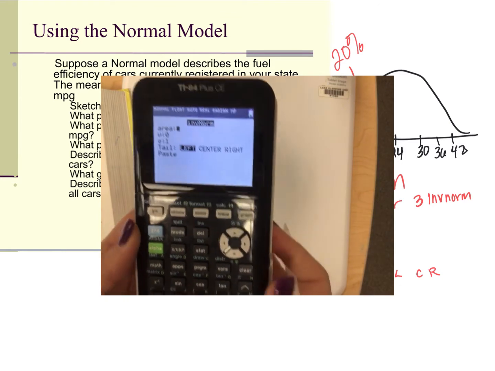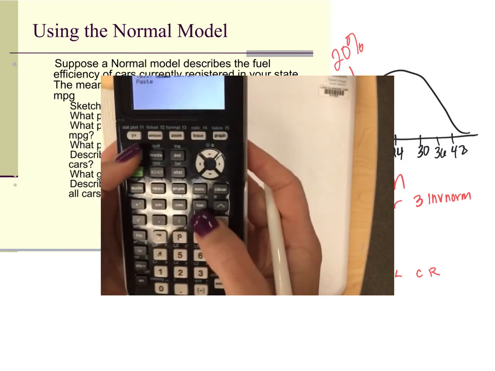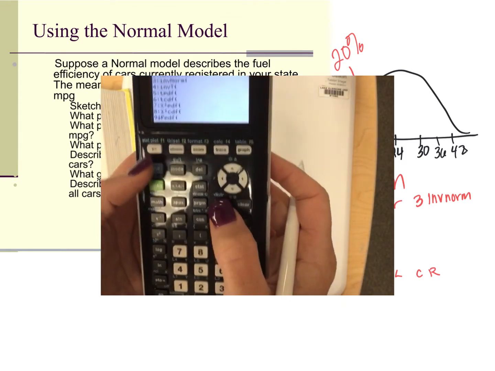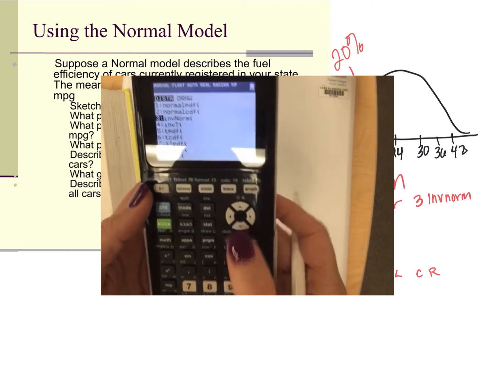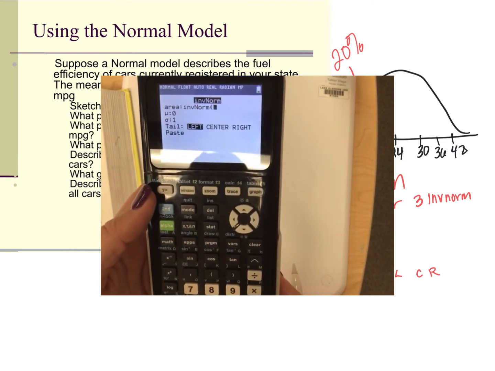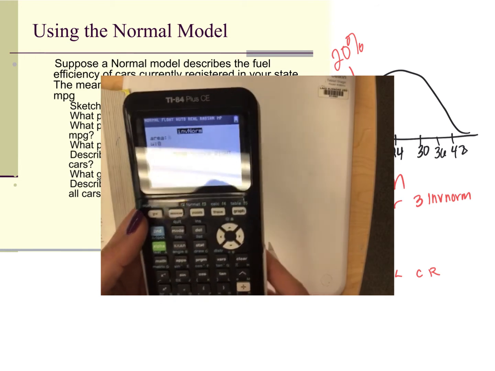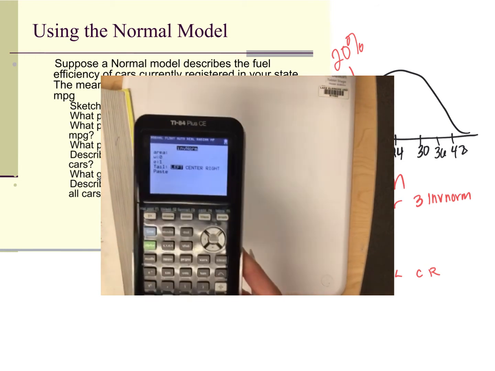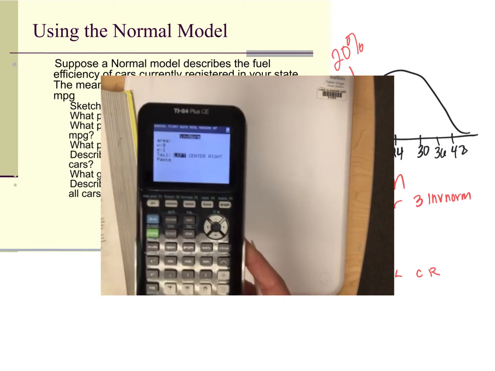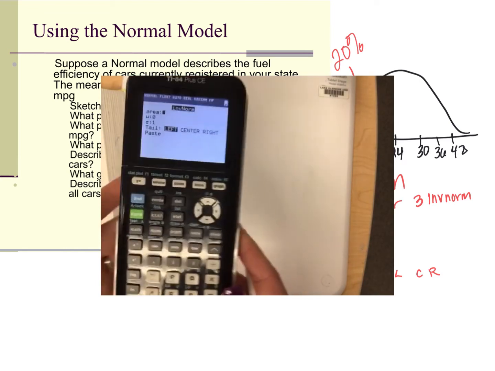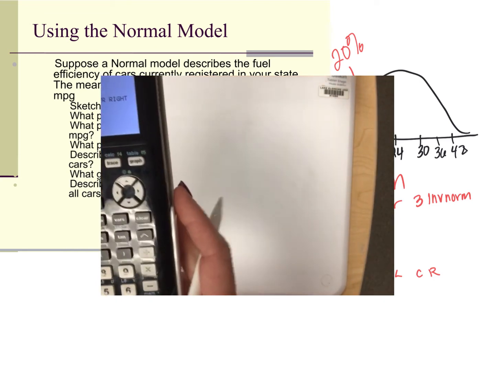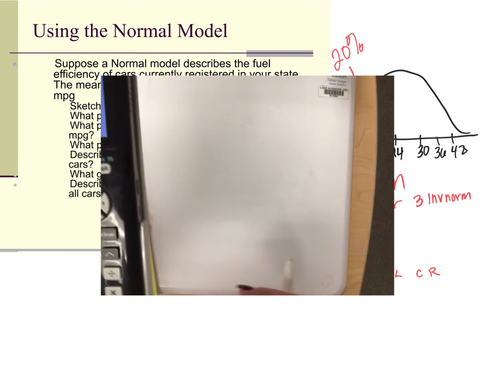So here is the command. Again, that's second distribution, and then down to number 3, inverse norm. I just reinserted it. My area that I'm interested in is 20%. It has to go in as a decimal, 0.2. Okay?